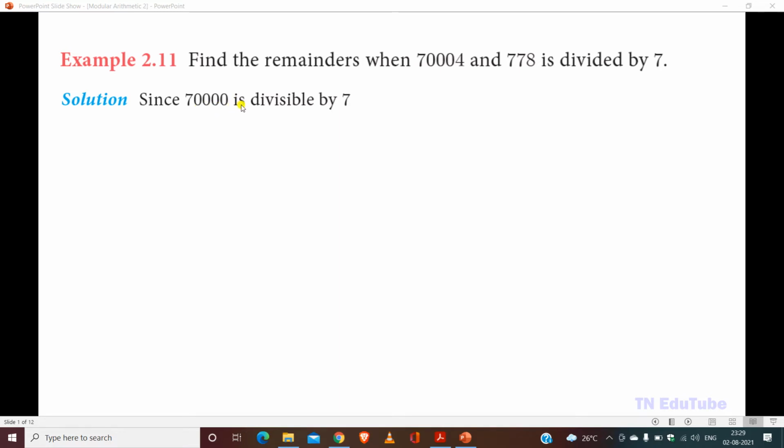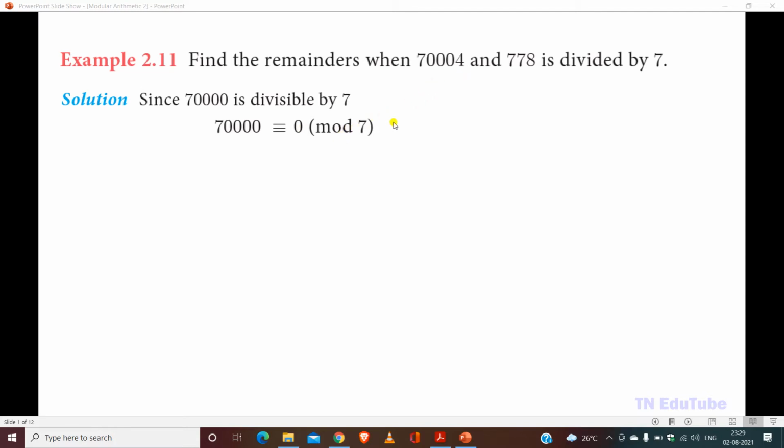We know that 70,000 is divisible by 7, so you get 10,000 when you divide. Since 70,000 is divisible by 7, we can write 70,000 is congruent to 0 mod 7. Now here a 4 is there.